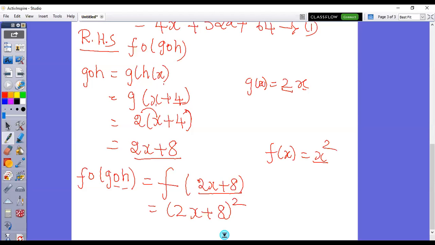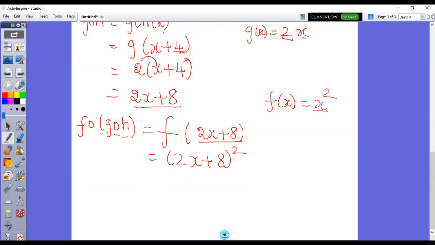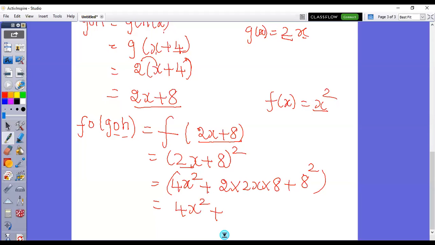So a plus b the whole square formula. A square value: 2x the whole square, 2 2s are 4, 4x square, plus 2ab, 2 into 2x into 8, plus b square is 8 square. Then 4x square plus 8 2s are 16, 16 2s are 32x plus 64.